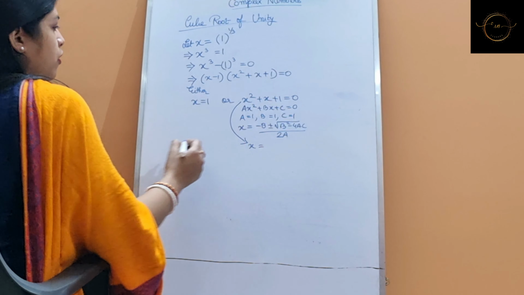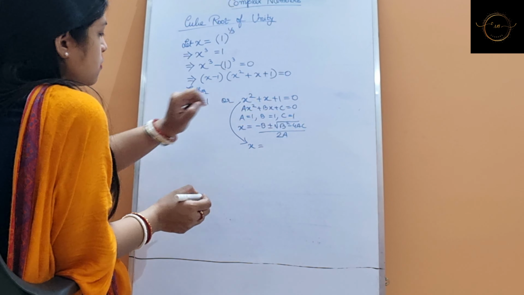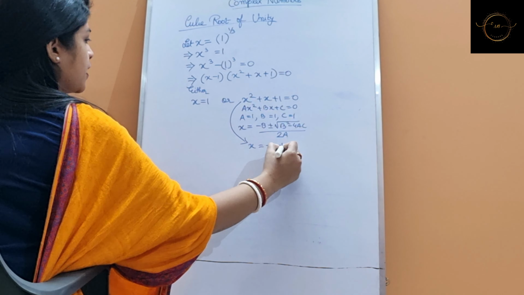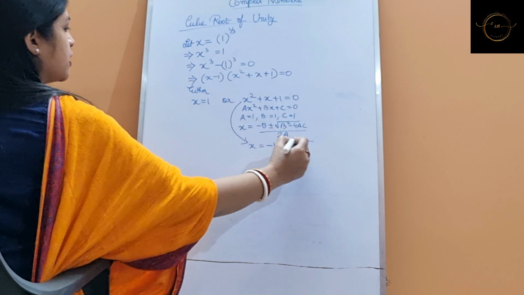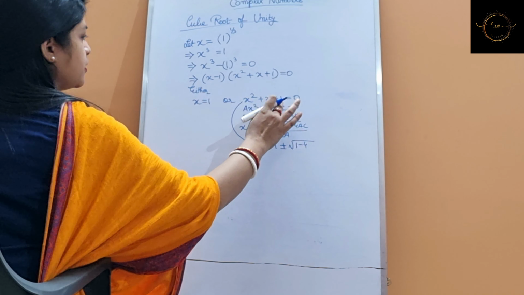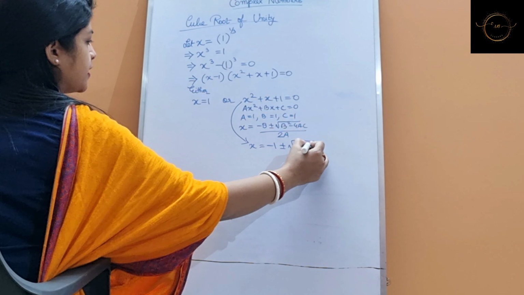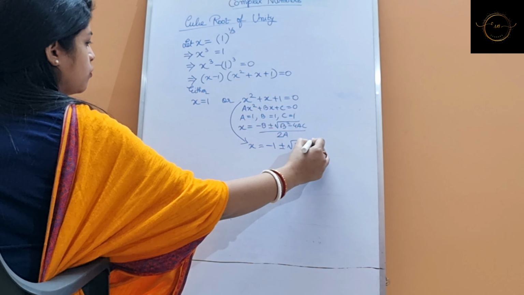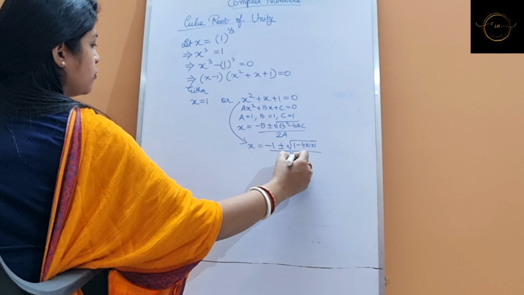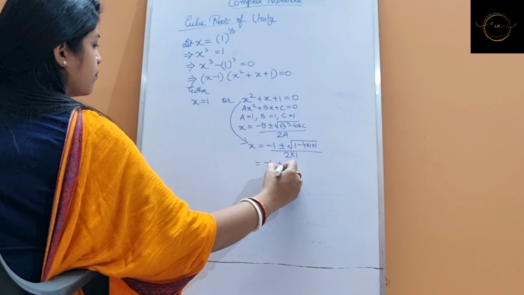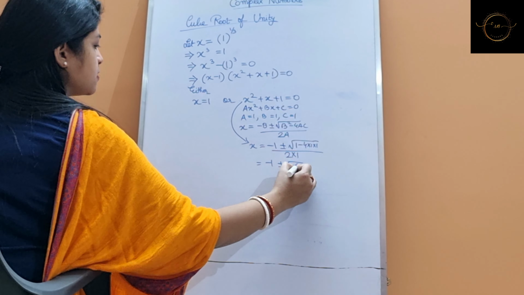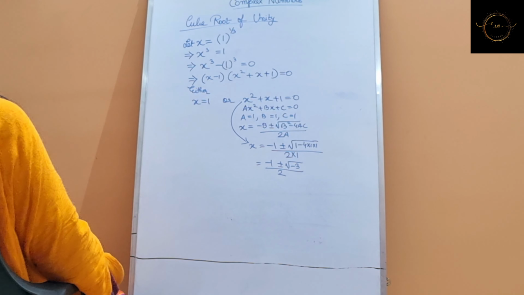So we put the formula over here. What will be the value of x? What is b in this case? 1. So minus 1 plus minus under root 1 minus 4 into a and c, which is 1 into 1, divided by 2 into 1. That is minus 1 plus minus under root 1 minus 4, which is minus 3, by 2.